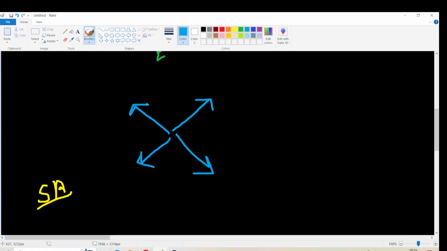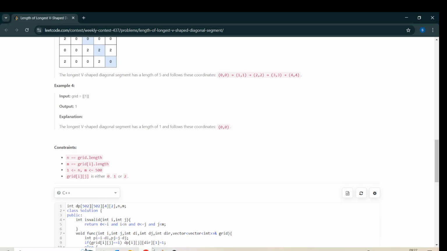So we will find four types of segments in four different directions. And also we can find two types of segments: one which starts with 1, and another one which does not start with 1. So we have four different direction segments and two types of segments. Okay, so let's jump into the code.